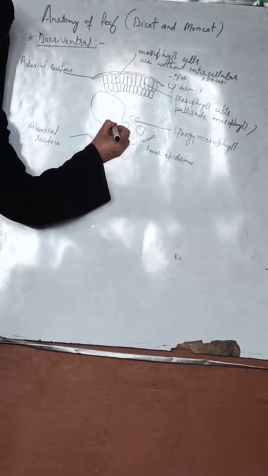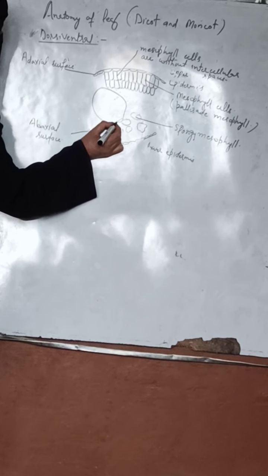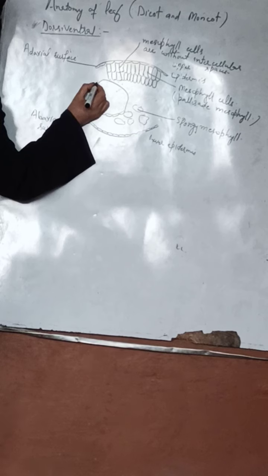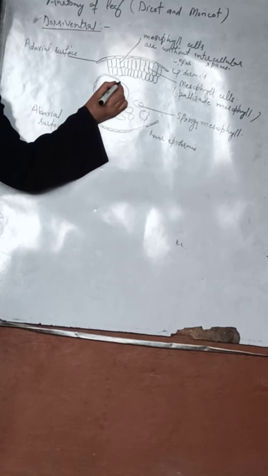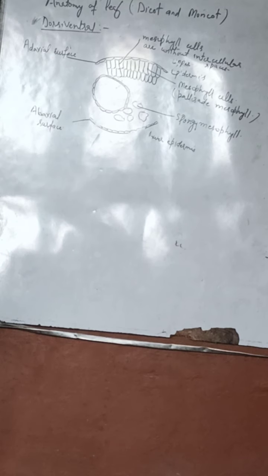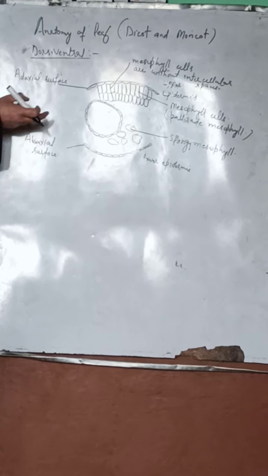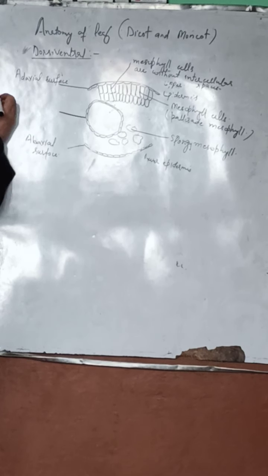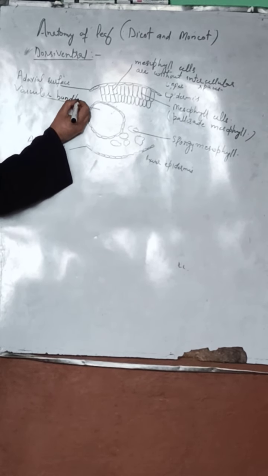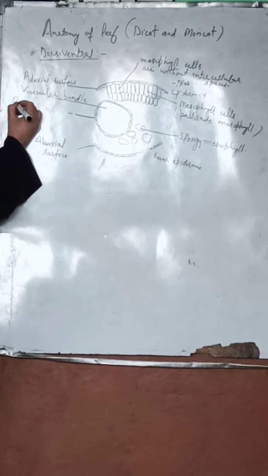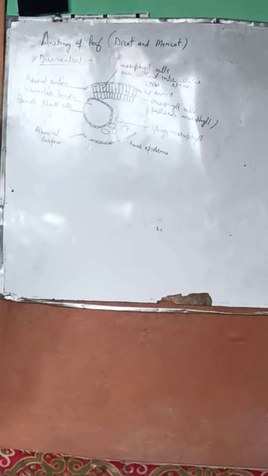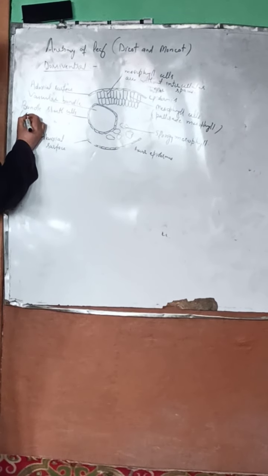Now after that, there are vascular bundles, and this vascular bundle is surrounded by cells like this, and these cells which surround the vascular bundle are called bundle sheath cells.